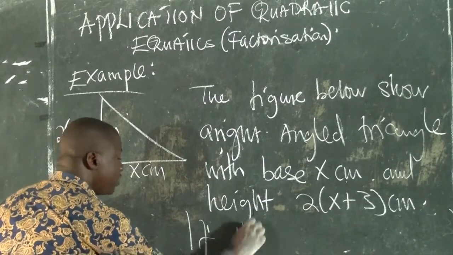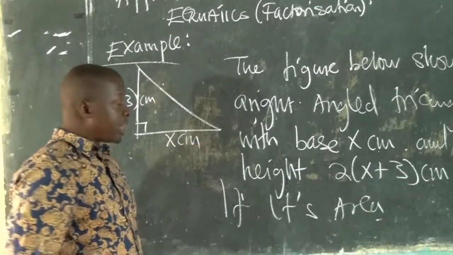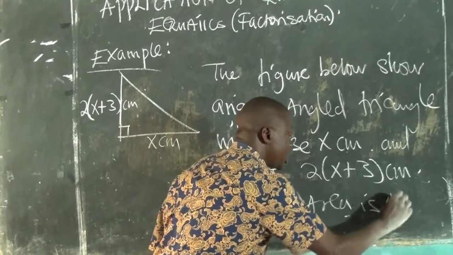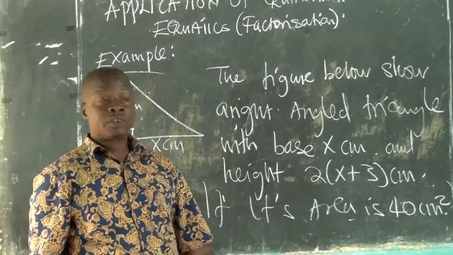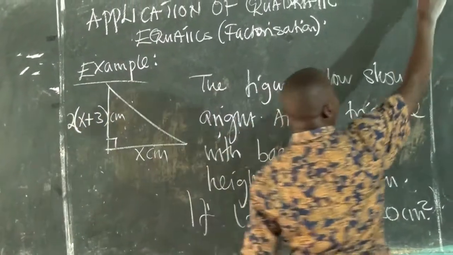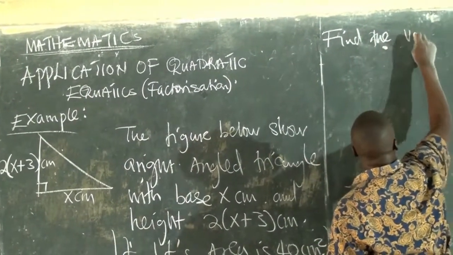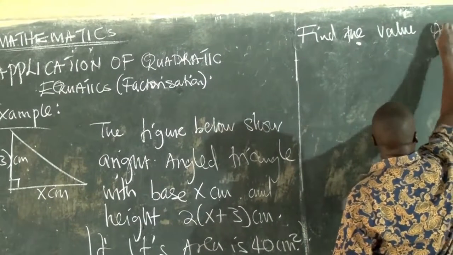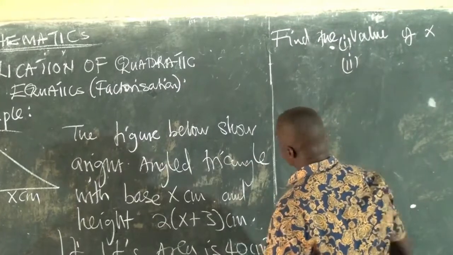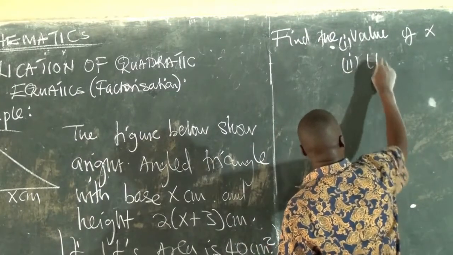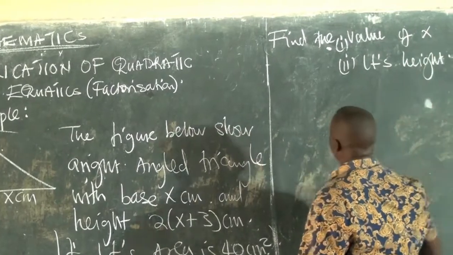If its area is 40 centimeters squared, find the value of x. Number 2, find its height.